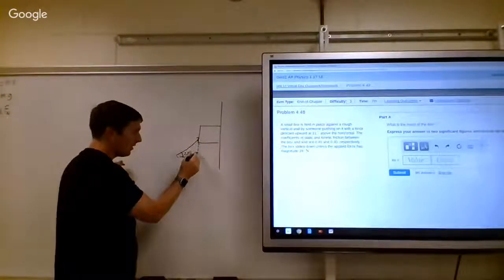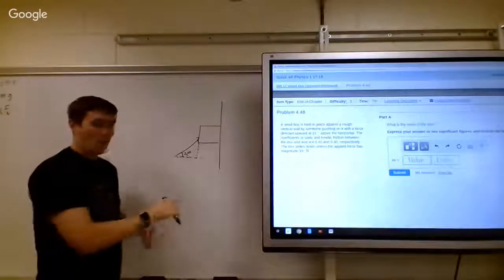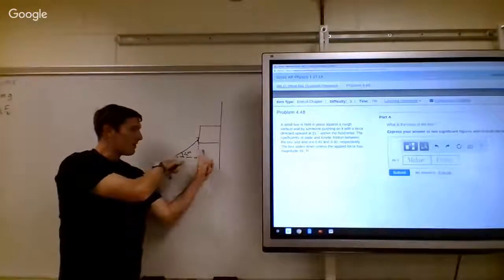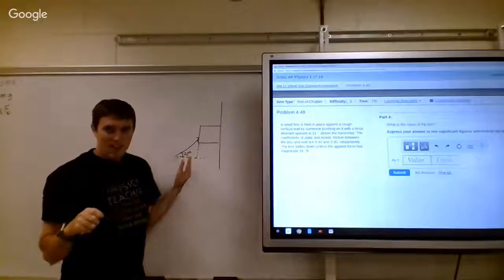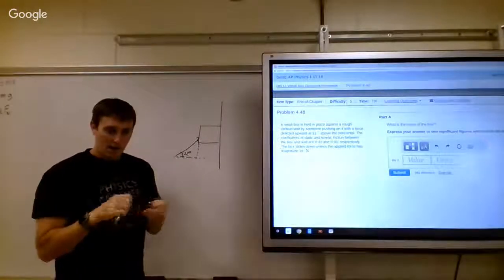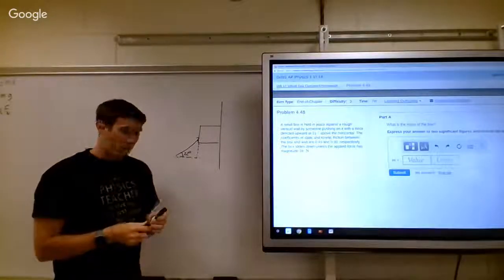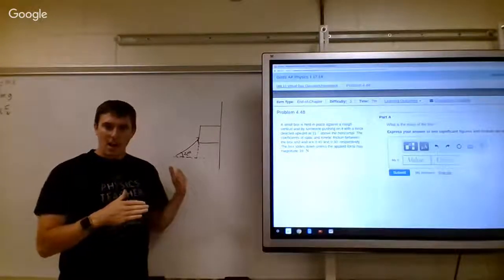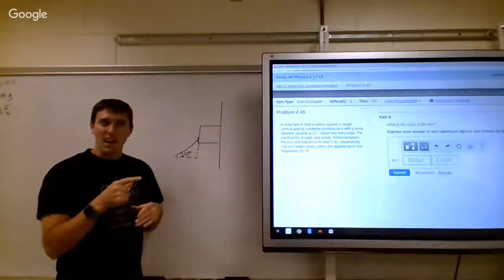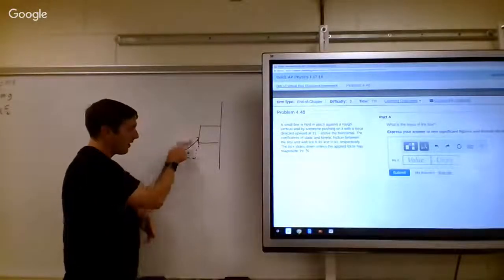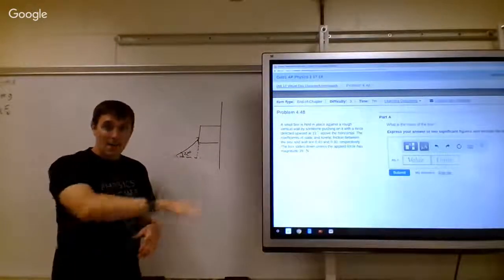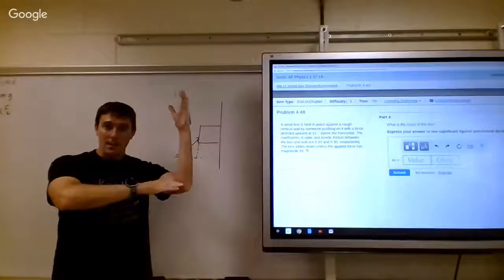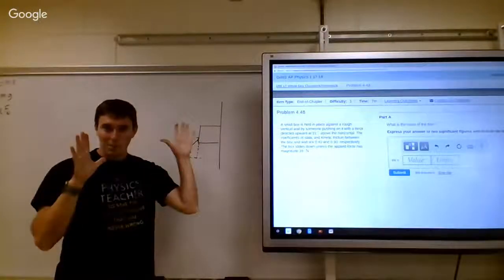We have to find out what this piece and this piece are, because we can't deal with things that aren't X and aren't Y. If they are things like a hypotenuse right here, we have to break it up and find out how much X it is and how much Y it is. We can deal with those pieces in our little formulas.